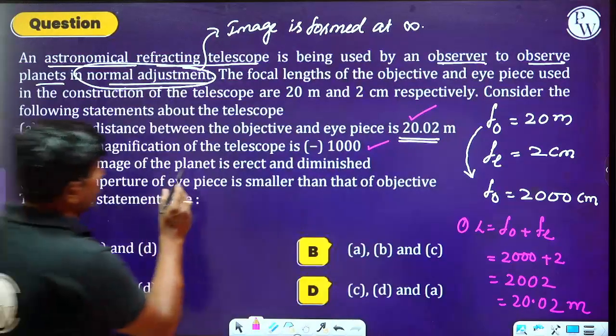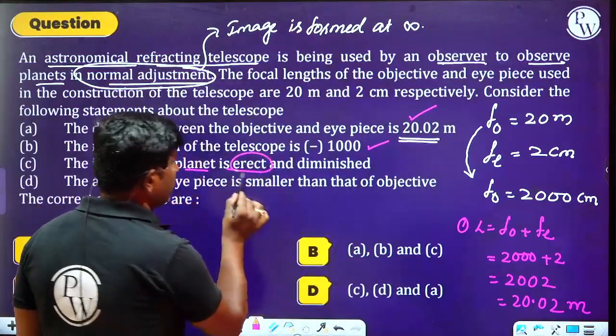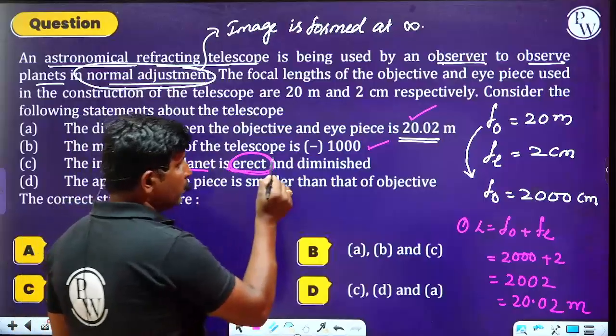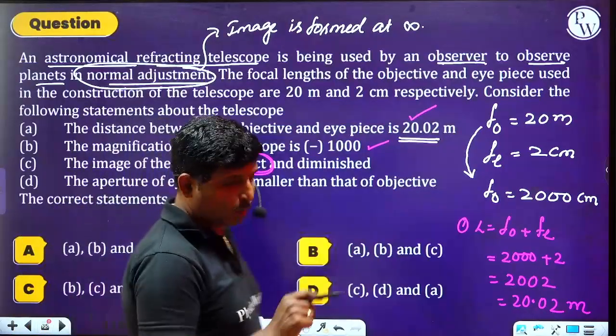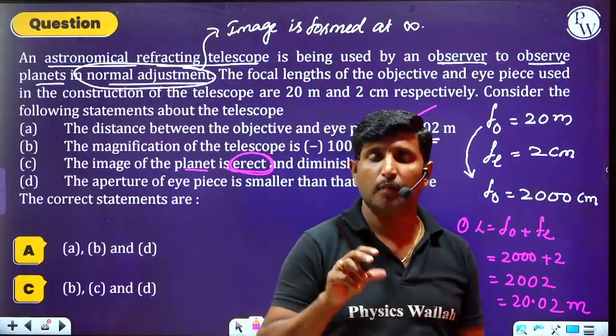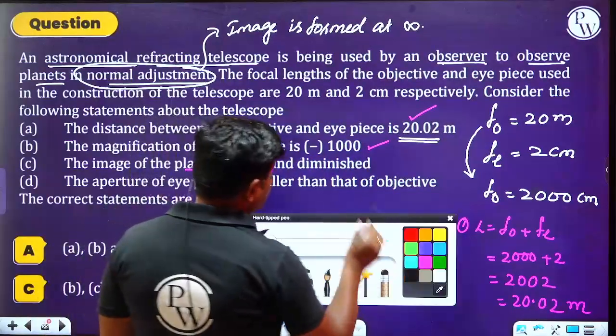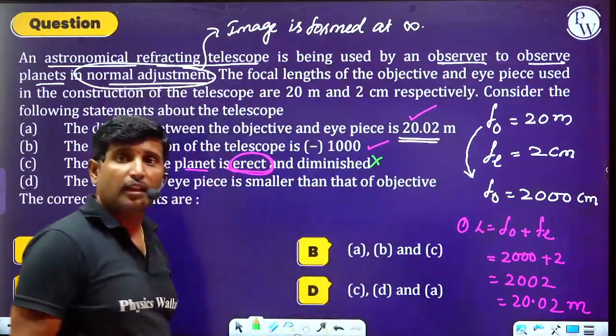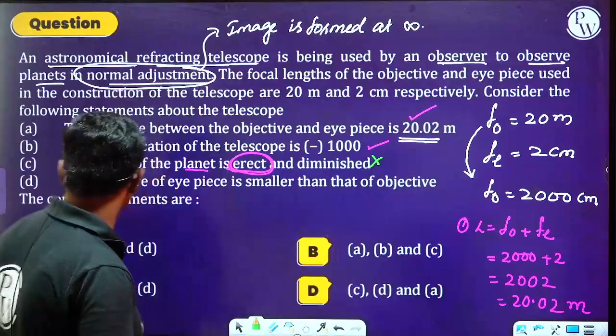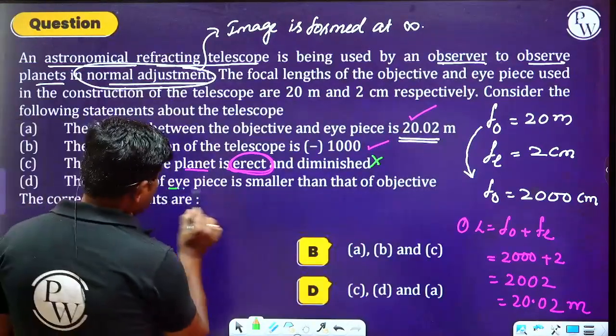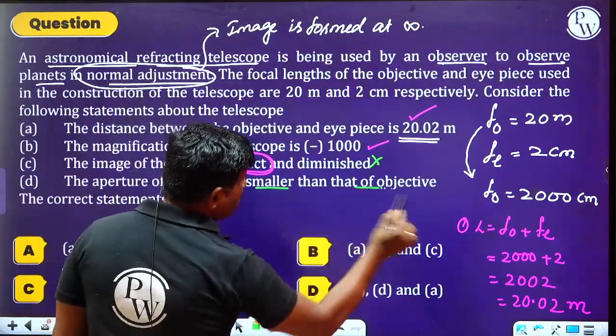Image of the planet is erect. It is wrong. It is inverted. A telescope always forms inverted images. Therefore, statement C is wrong. The aperture of the eyepiece is smaller than that of the objective.